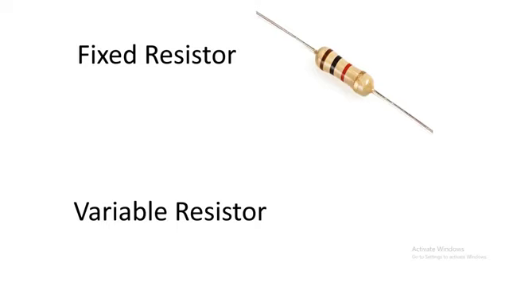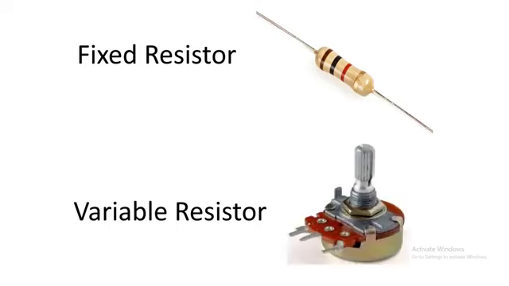Therefore, it is called a fixed resistor. While with the variable resistor, when you put it on the circuit board, you are able to change the value of the resistance in the circuit.